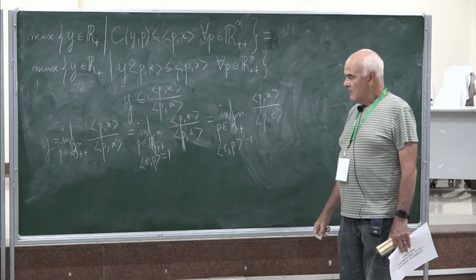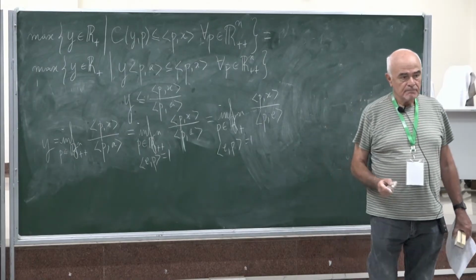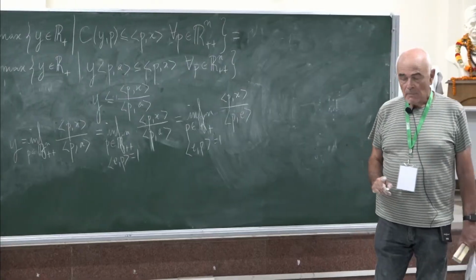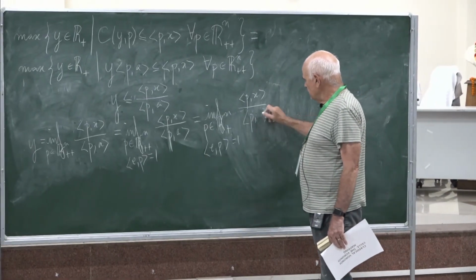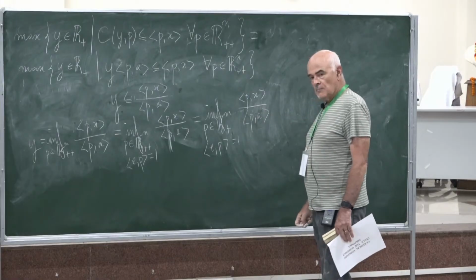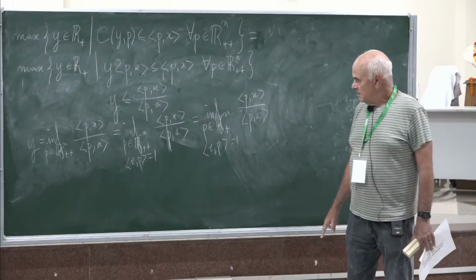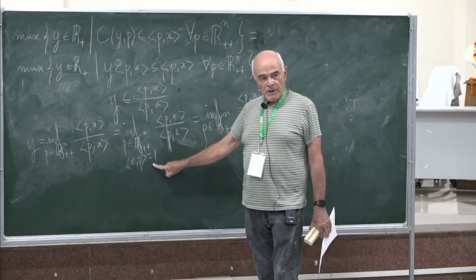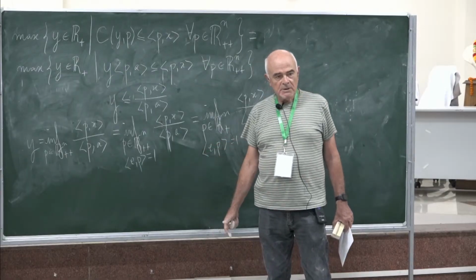Okay? Why? Because of continuity. Sorry, this is A. Because of continuity. But thanks to this constraint, P cannot be 0.